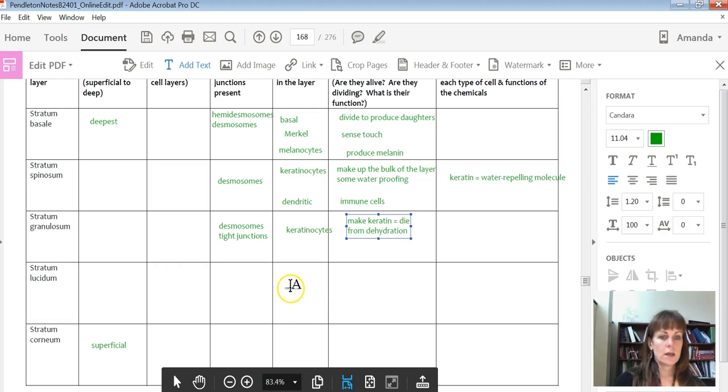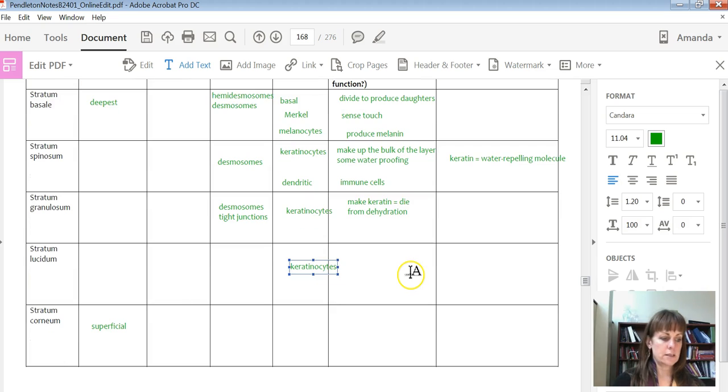Okay, again, more keratinocytes in the next layer, and the same for the bottom one, or the stratum corneum. I should say keratinocytes in the stratum lucidum. At this point, they have no organelles, they've lost them, and they're very flat.